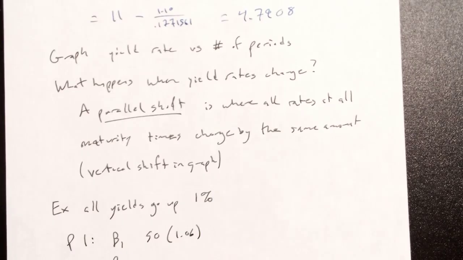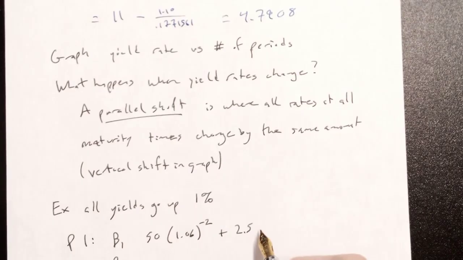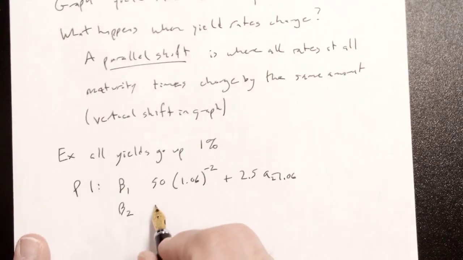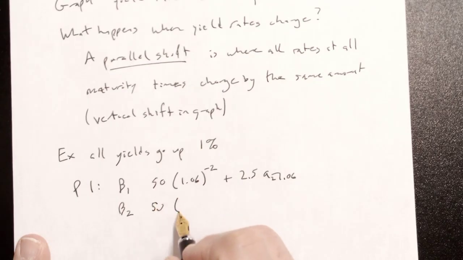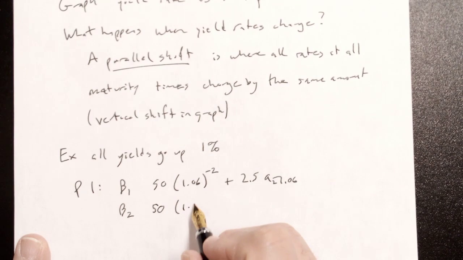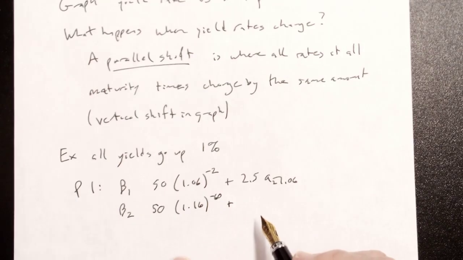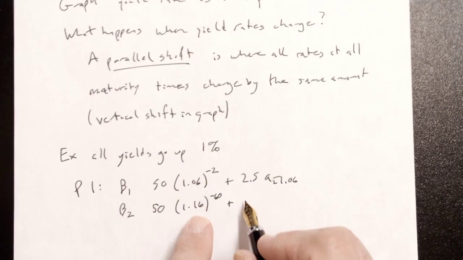Instead of at 5%, it's at 6%, with a coupon at 5%, but a yield at 6. My second bond, instead of having a 15%, now has a 16%. This is going to change my yield, but not my coupon rate. My coupon rate is still 15%.